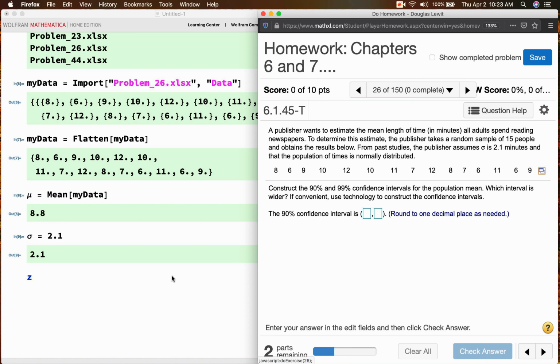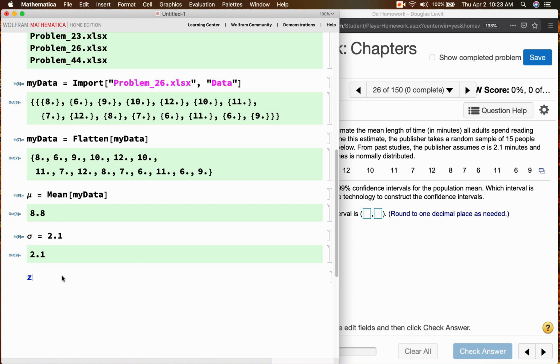So I have 5% to the left and 5% to the right, because 5 and 5 is 10, and 90% plus 10% is 100%. So when it says 90%, when I give the command to Mathematica, I'm going to have to change that to 95%.